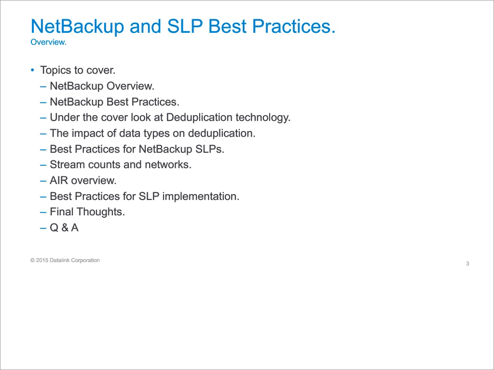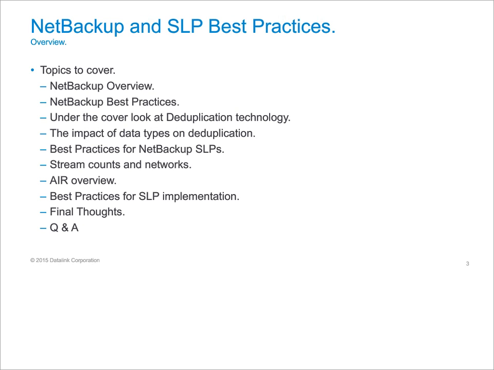We'll move on to best practices for NetBackup and SLPs, how to use your SLPs to make them more efficient. We'll discuss stream counts and networks and how to calibrate your stream count to match what your network throughput is going to be.